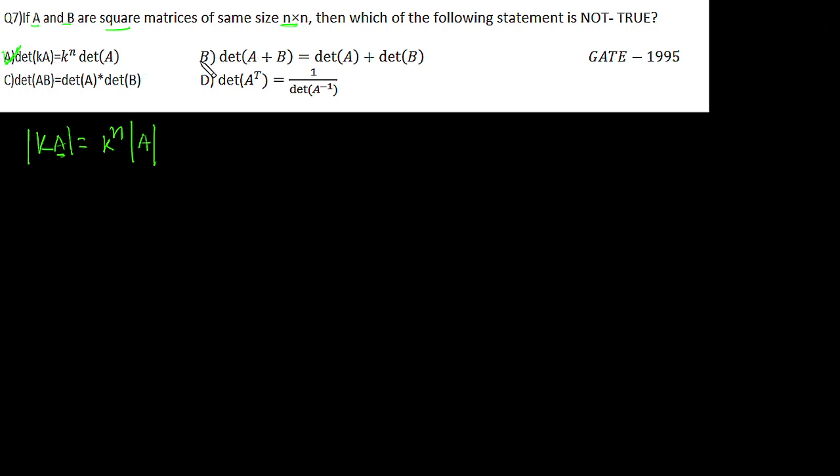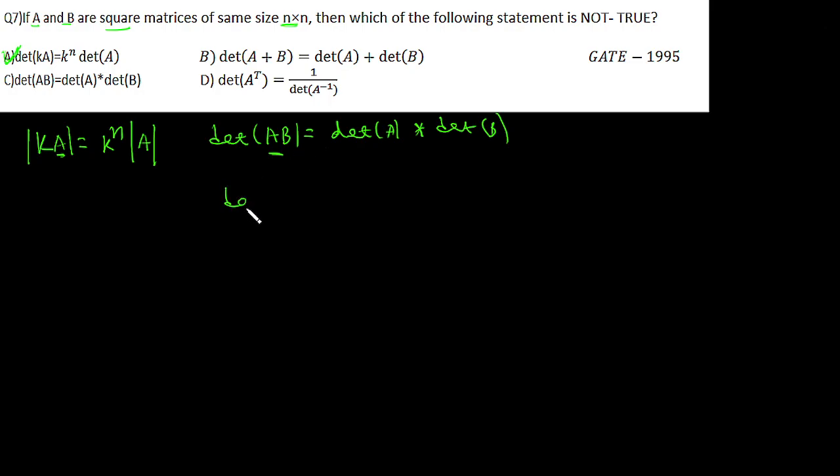Now let's move on to option B. Option B says the determinant of A plus B is equal to the sum of the individual determinants. Now it is not true. In the determinant operation we have the property that if we find the determinant of the multiplication of these two matrices, then we can individually take the determinants and simply multiply them to get the determinant of the product.